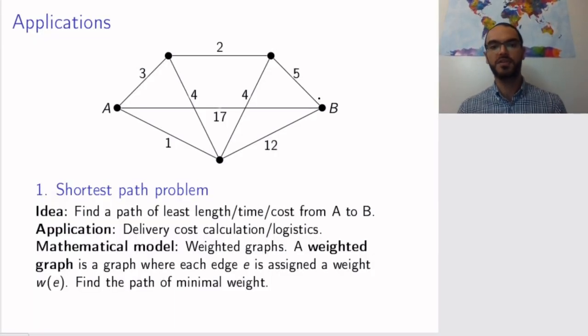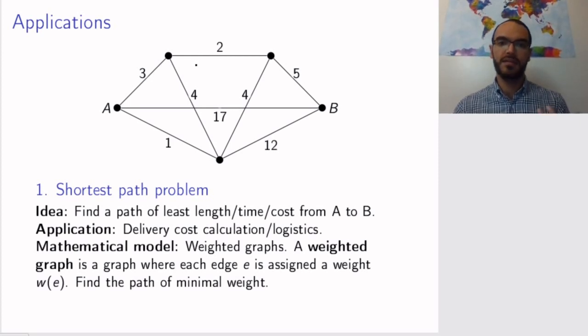The mathematical model of this is the usage of weighted graphs, and this will be the case for all the applications today. A weighted graph is a graph such as the one you see here. It is just a normal graph with the additional data of a number on each edge, a positive number representing the so-called weight of the edge.